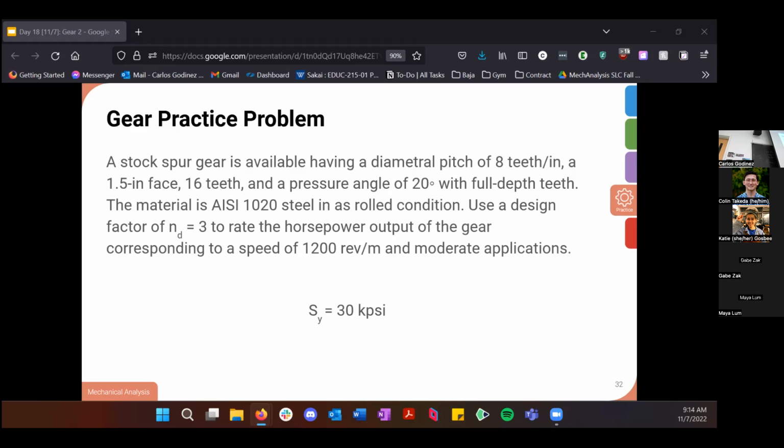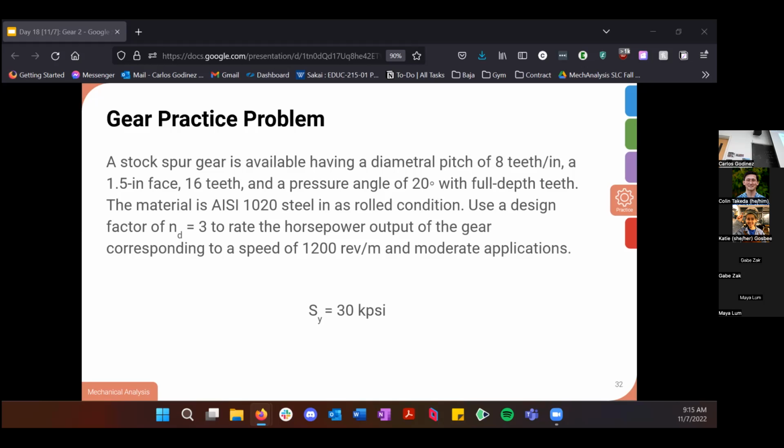1.5 inches, eight. Oh, that makes sense. And 16. What is the circular pitch? The pitch diameter is the diameter of your circular pitch.